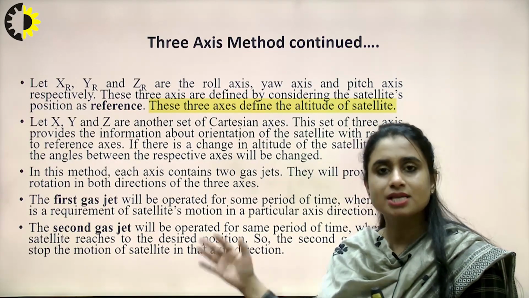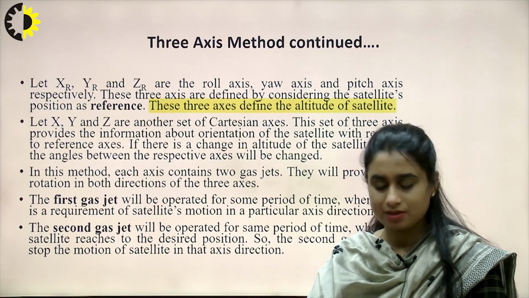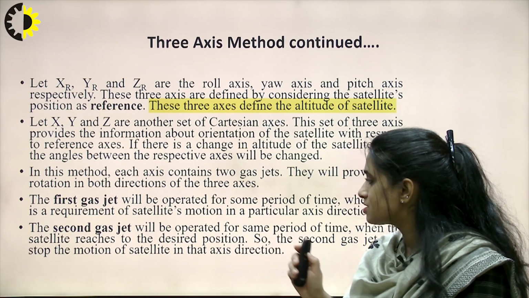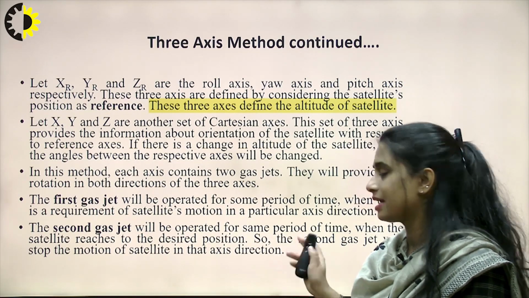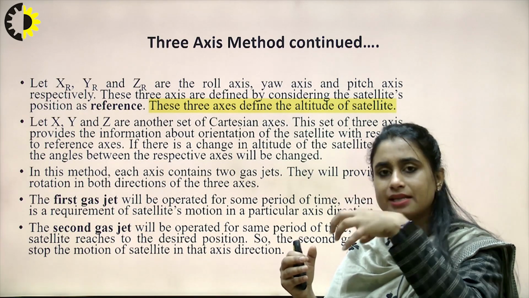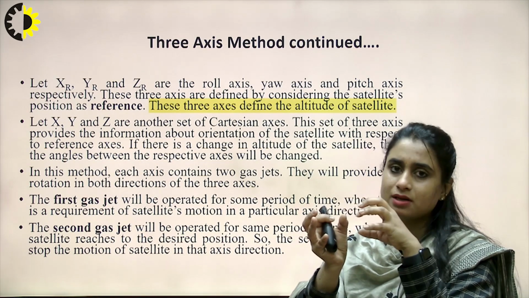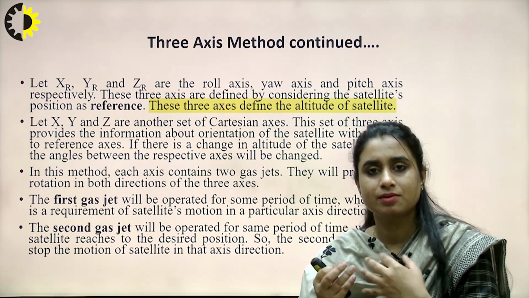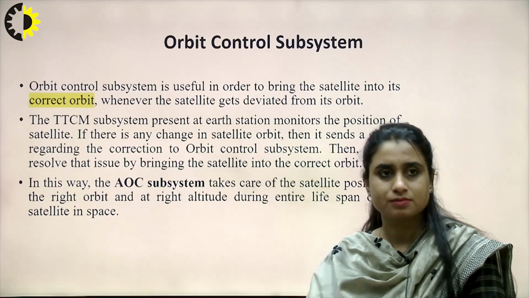These are used at the time of launch, right? The second gas jet stops the motion of the satellite in that axis direction. So to initiate tilting towards one direction, we use the first gas jet, and to stop it, to counter it, the second gas jet. This is how it works.